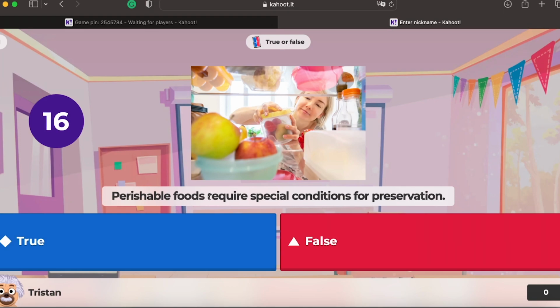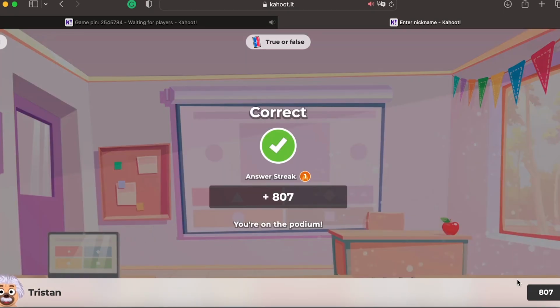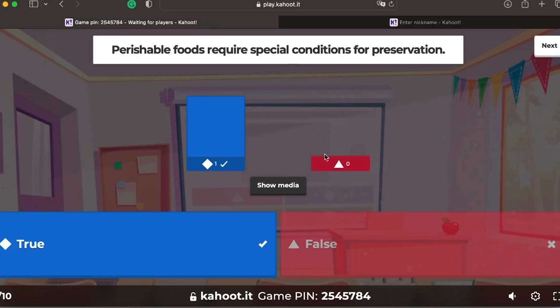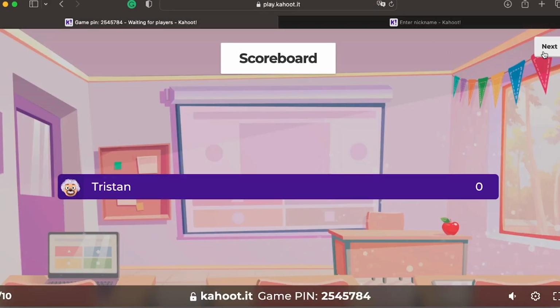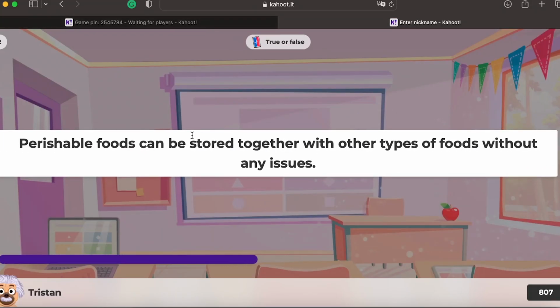Perishable foods require special conditions for preservation. I think this is true. Yes. Continue. Perishable foods can be stored together with other types of food without any issues.